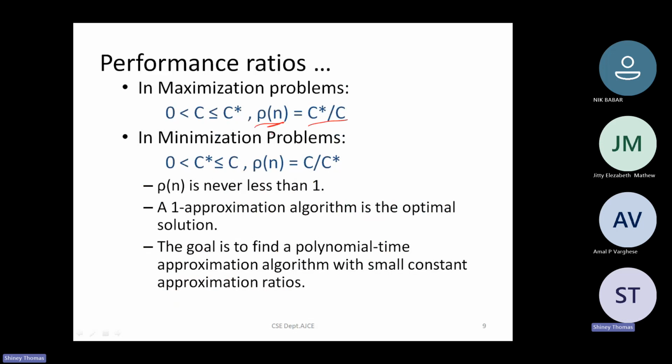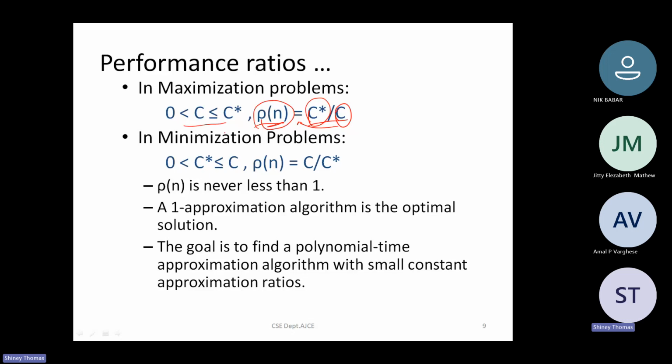The optimal solution is going to be at most rho n times the solution of the approximation algorithm. That is, the optimal solution is at most rho n times the solution of the approximation algorithm.